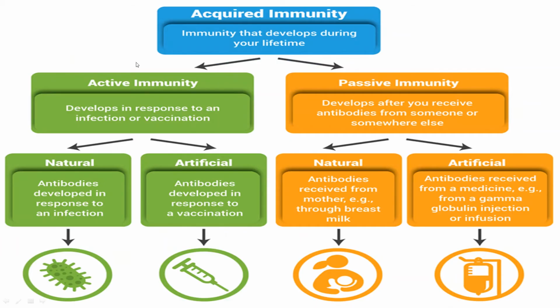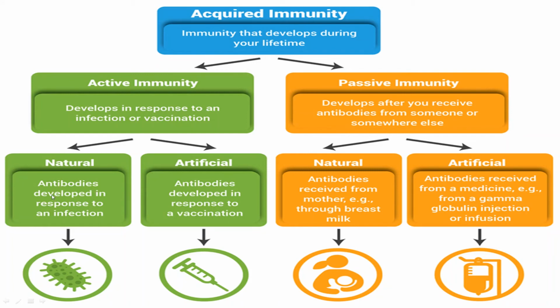So see, what is active immunity? It develops in response to any infection or vaccination. It develops either in response to any previous infection or vaccination. And passive immunity develops after you receive antibodies from someone or somewhere else. You are receiving from somewhere else. So, immunity that occurs during lifetime. See, active immunity can be natural and artificial. What is natural?